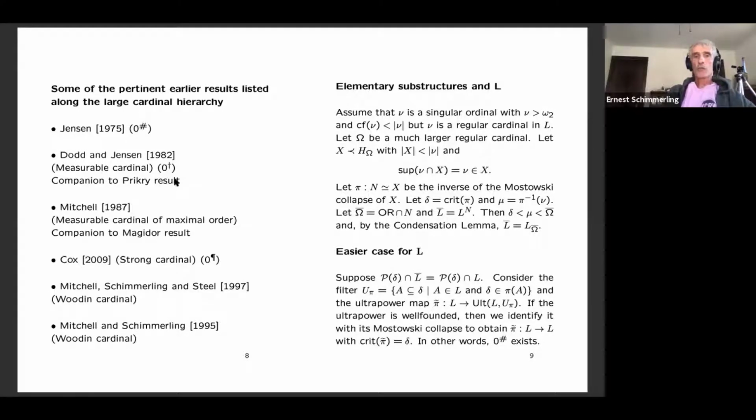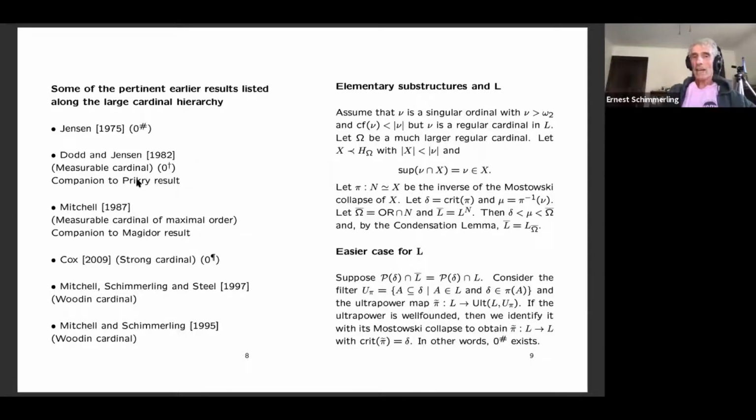Then I'll move on to the Dodd-Jensen K, assuming that zero dagger doesn't exist, but I'll explain what that model looks like from the modern perspective. So that model is also K if zero dagger doesn't exist.